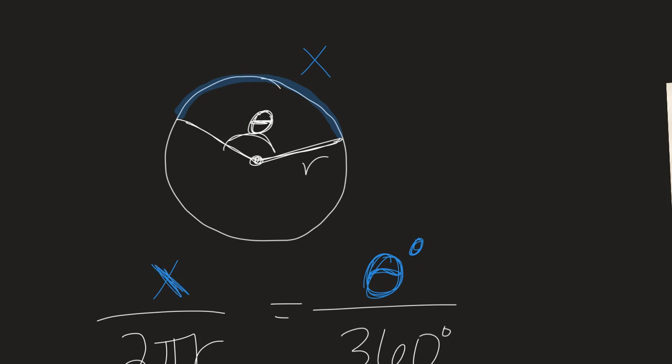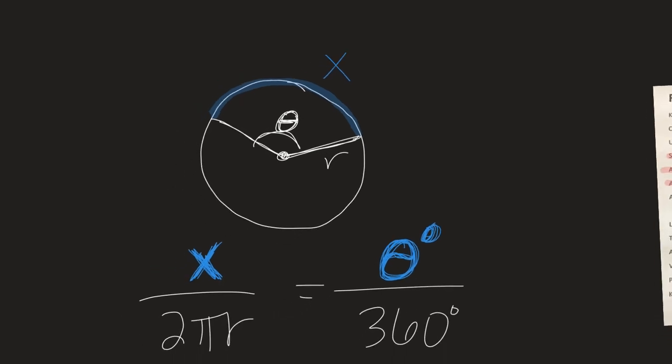So this formula is only good if you have an angle in degrees. Okay, so if you have an angle in radians, then that's a different formula, but this is your degree formula. The arc length over 2 pi r equals degree over 360.